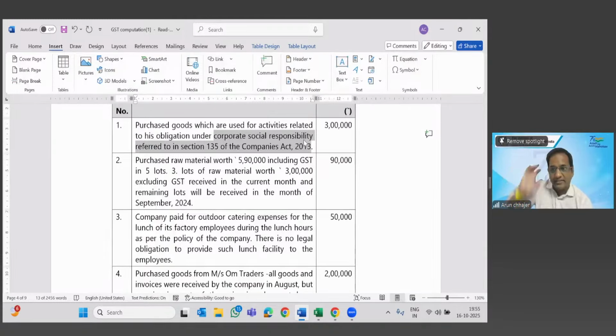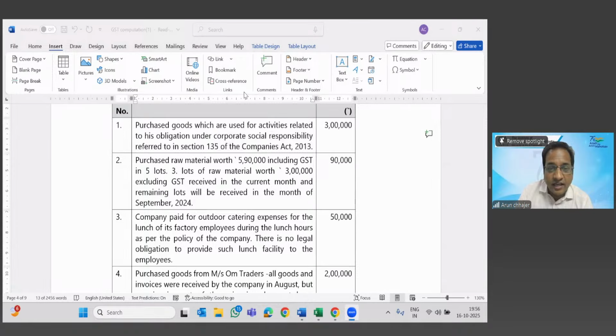The right answer is ITC. So what happened to the rest of the participants? Manisha, Riya, Shraddha, Anil, Navneet, Adil. There are three to four participants who are giving the answer.